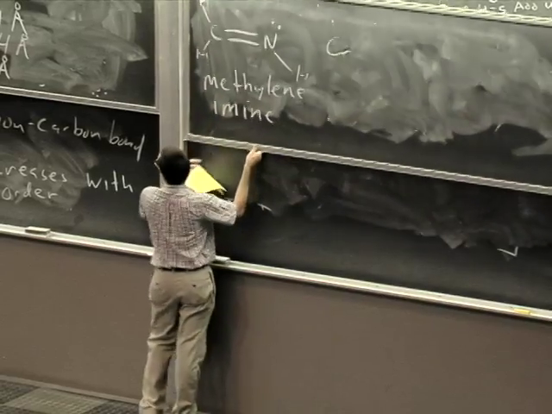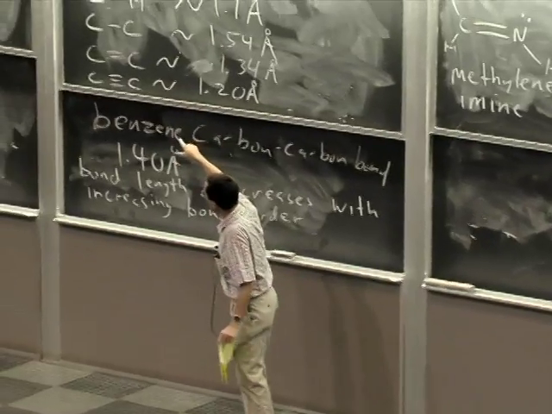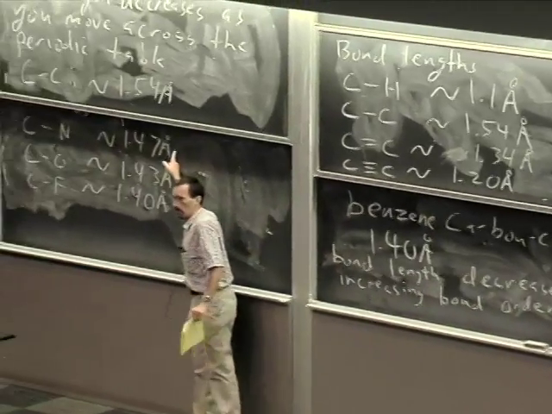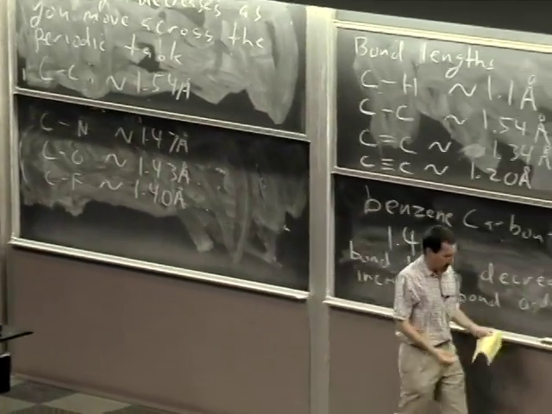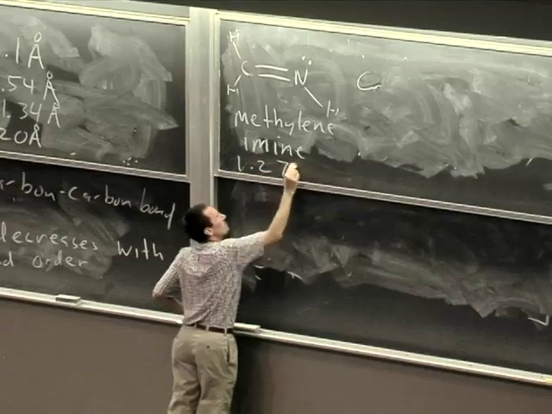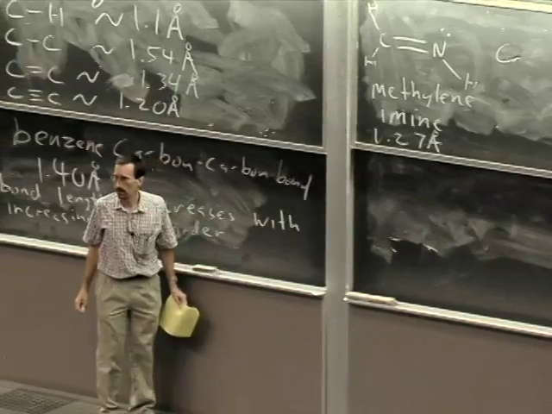The carbon-nitrogen double bond, we know it should be shorter than a carbon-nitrogen single bond. The carbon-nitrogen double bond in this molecule is 1.27 angstroms in length.